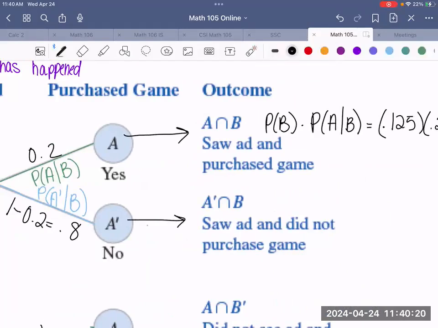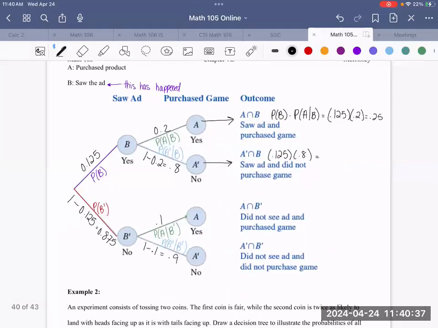Over here, we have the probability of 0.125 times 0.8. And we can keep going.